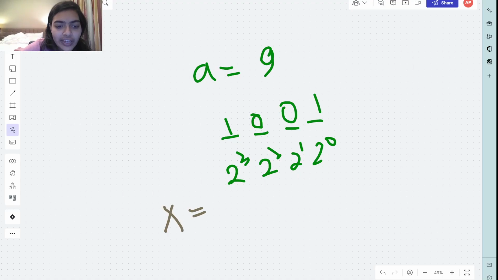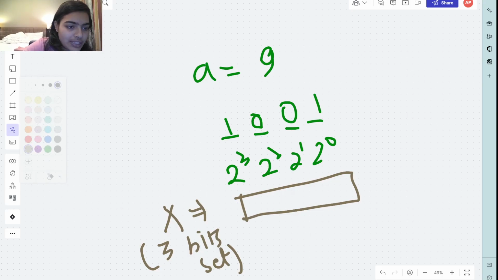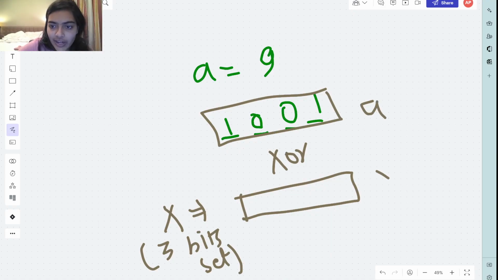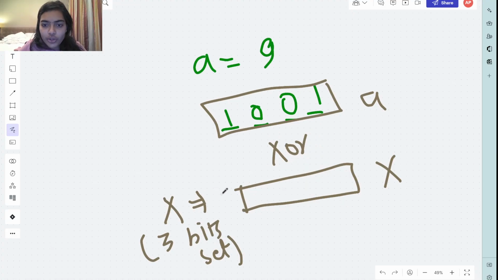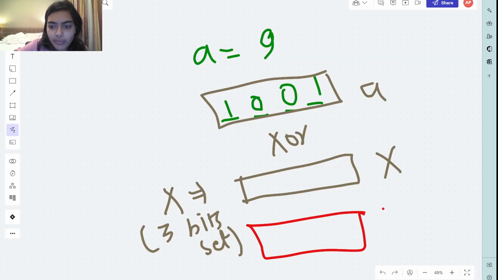Whatever x we take, which is supposed to have 3 bits set, we should also take care that if you do x XOR a, this is our a and this is our x, you should get the minimum possible value.